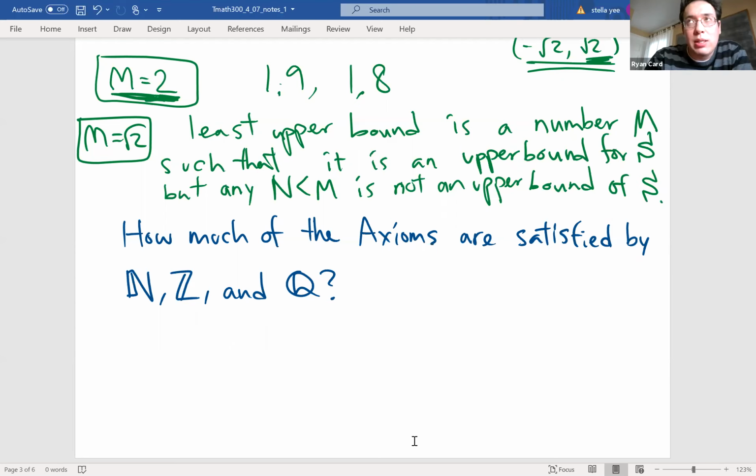I think it's instructive to go back and examine how the other number systems fit in this list: natural numbers, integers, and rational numbers. How much of the axioms does each satisfy, and how much does it fail? I want you to pause this video and see if you can work out exactly which of the axioms are satisfied and which are not.